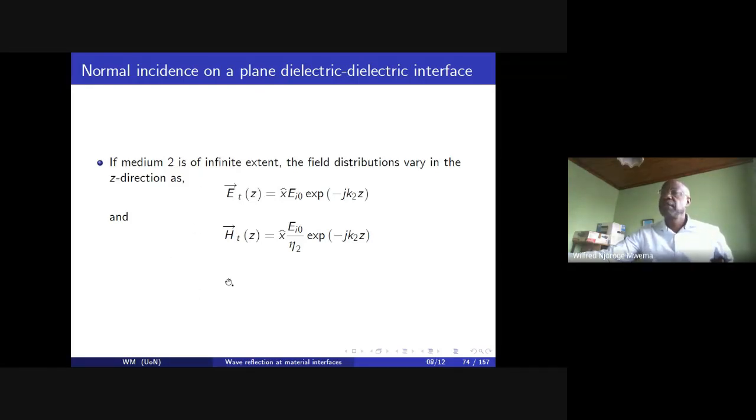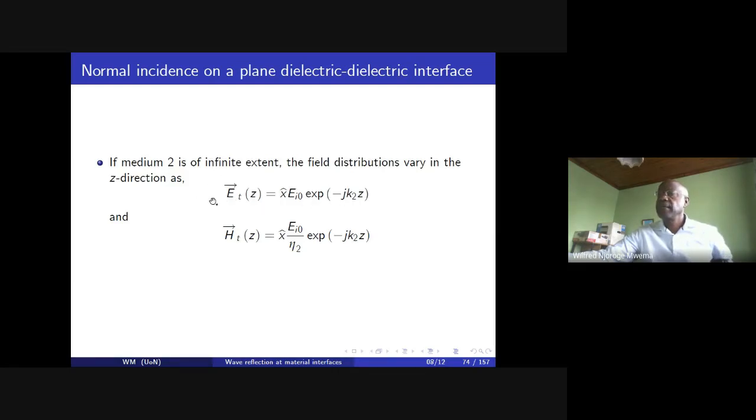So if medium 2 is of infinite extent, that is, we are saying that the half plane is filled by medium 1 and the other half plane is filled by medium 2. From Z equal to 0 to minus infinity, we have medium 1, and from Z equal to 0 to Z equal to infinity, we have medium 2. That's why we are saying it's of infinite extent in that particular case. Then the field distributions in the Z direction will vary as shown here.